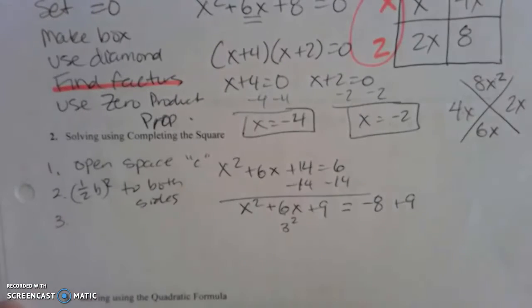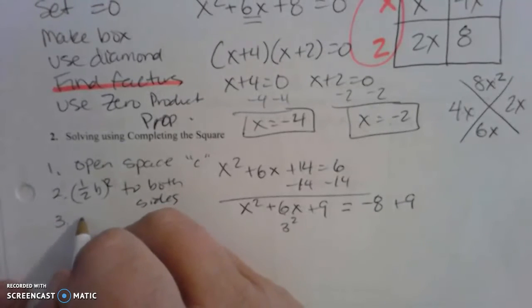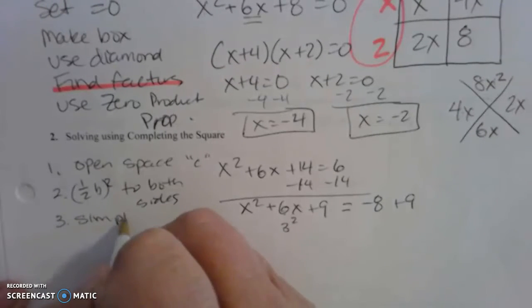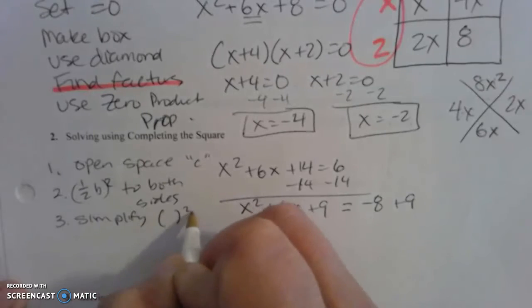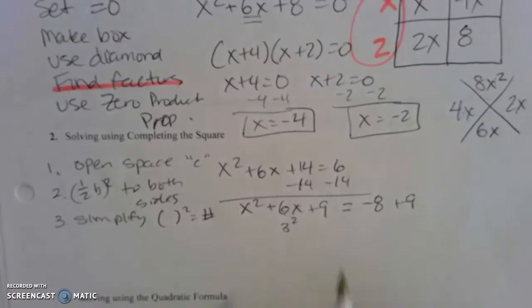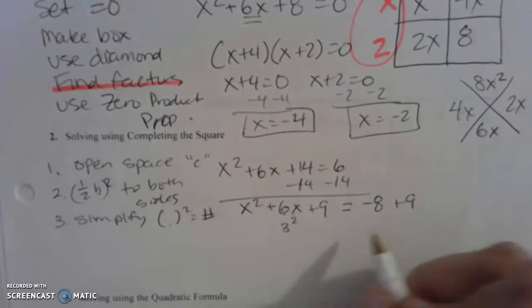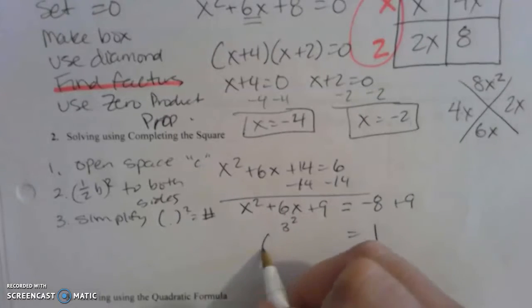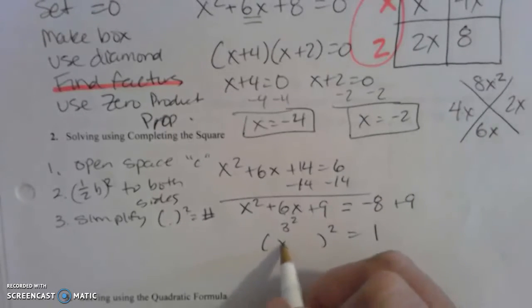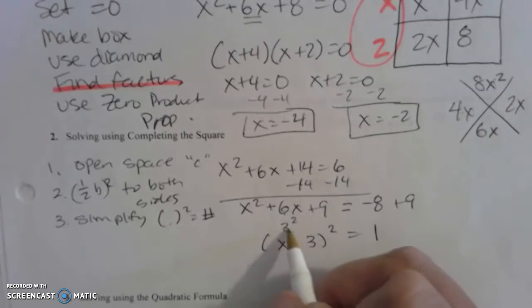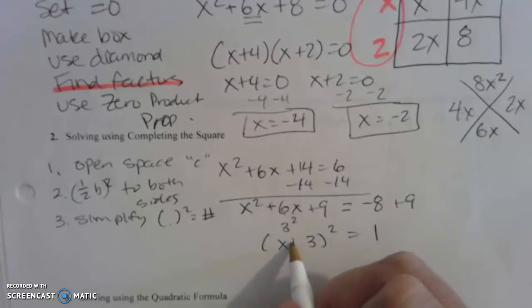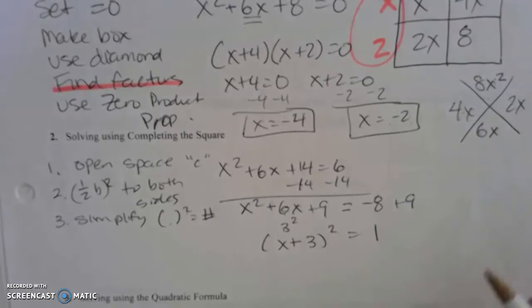Then I'm going to simplify. You're going to get something in parentheses squared equals a number. Well, my number over here is 1, and this is x. I'm going to put a 3, that half number, and then because this first term is positive, I'm going to put a plus.